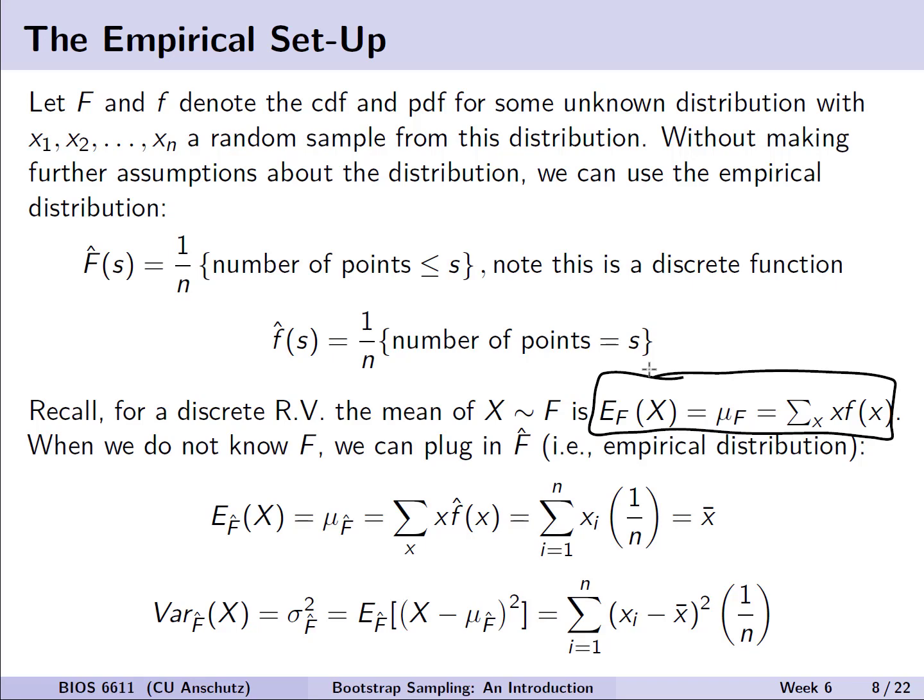However, if we don't have any idea of that underlying distribution, we can empirically estimate it and substitute those values, which we see below has our calculations for the expected value and the variance. One little thing to note as well, based on our discussion about the bias of the variance calculations, is that we do technically here have a biased representation of the variance where we divide by 1 over n instead of 1 over n minus 1.